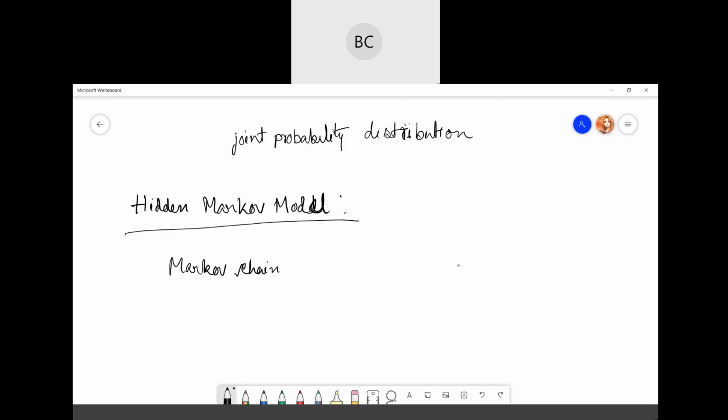So a Markov chain basically tells you something about the probability of sequences of your random variables. Okay.